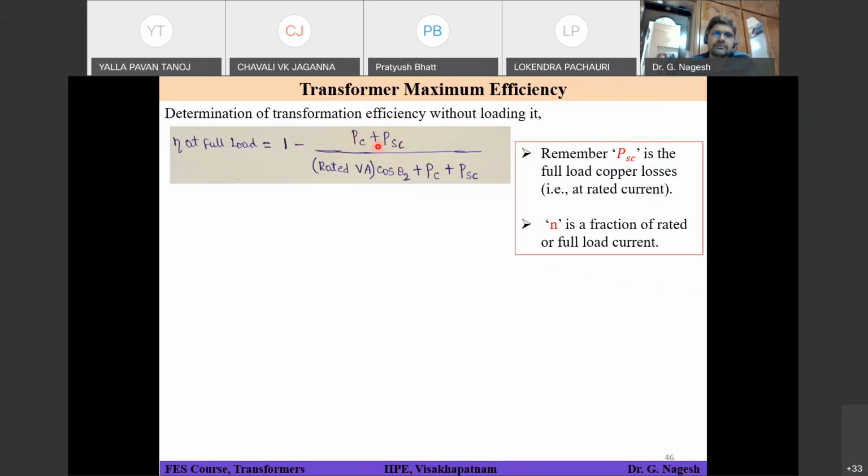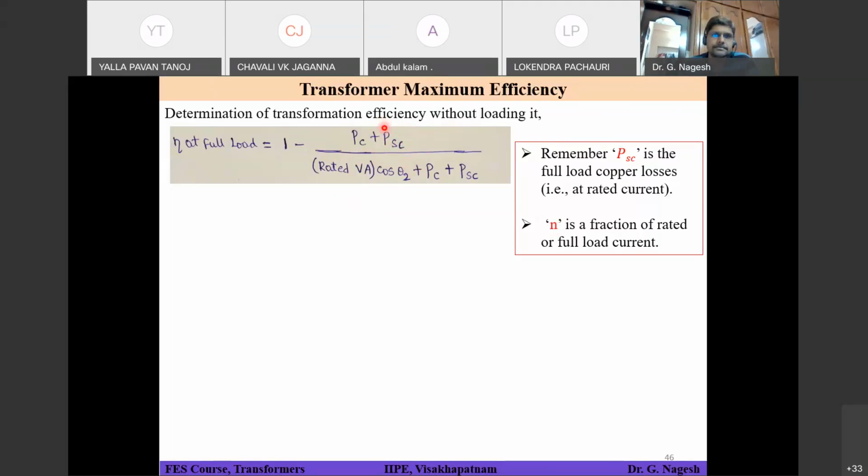So at full load, the copper losses are denoted by PSC. At some fraction, let's say N, the current is not I full load, IFL, it is N into IFL. In that scenario, what will be these ohmic losses? N square IFL square R, sir.